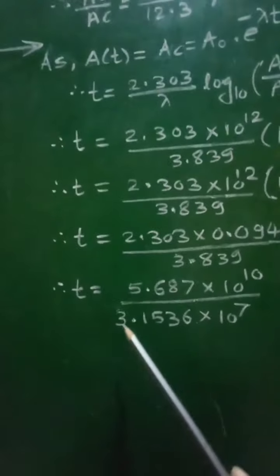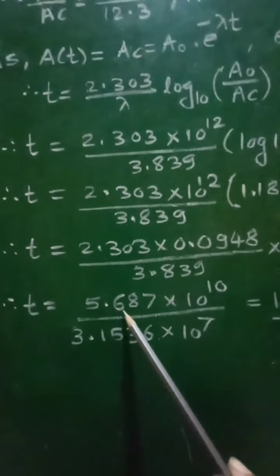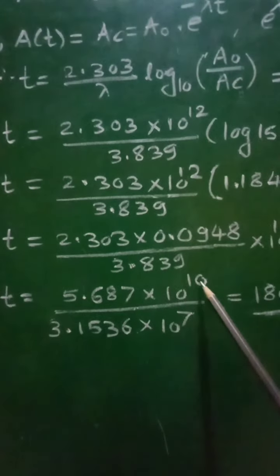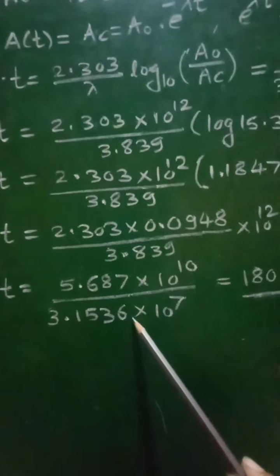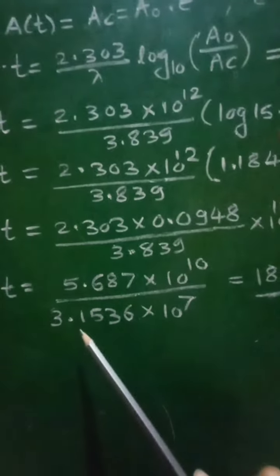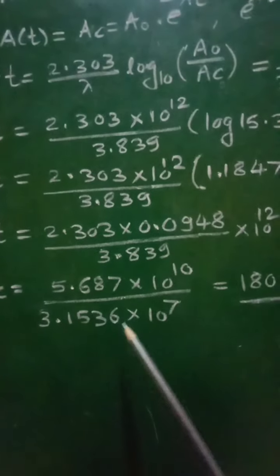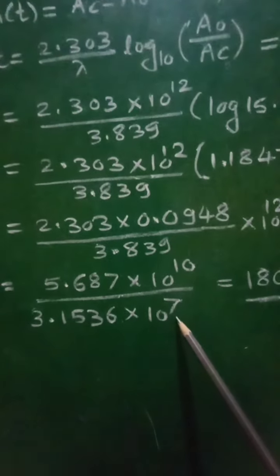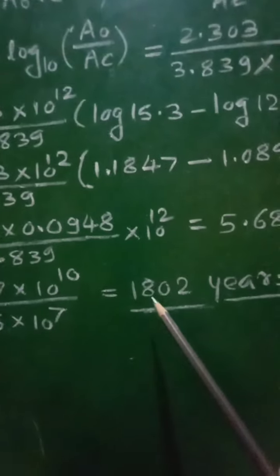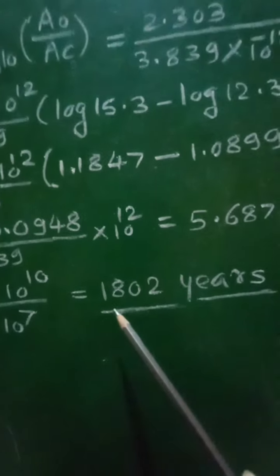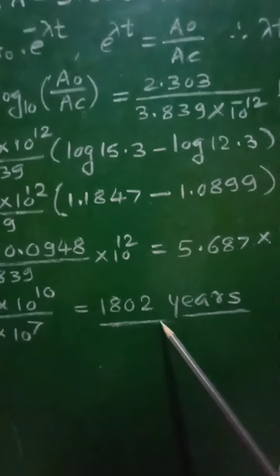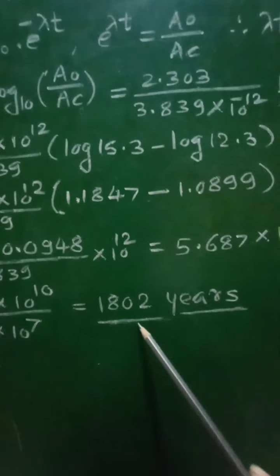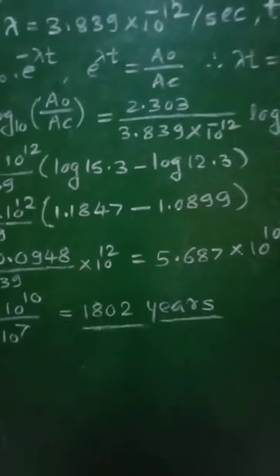So t is equal to 5.687 into 10 raised to 10 divided by 3.1536 into 10 raised to 7, which comes out to be 1802 years. So this will be the age of the old sample.